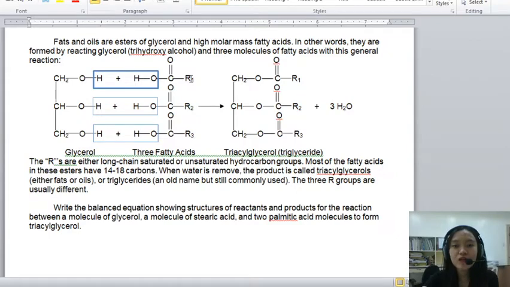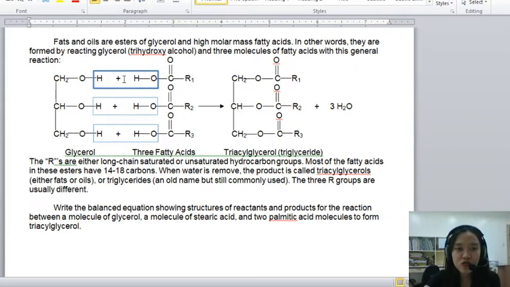So, when you say R1 or when you say R, this is the hydrocarbon chain. Okay? So, ito yung chain ng carbon atoms. So, yung OH group ng fatty acids will react with the hydrogen found in the glycerol. Okay? So, magkakaroon ng production of 3 H2O molecules.